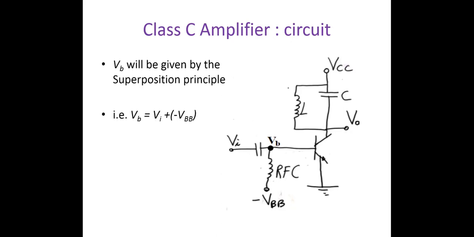The function of this element is to act as open circuit for the incoming input signal Vi, whereas as short circuit for the biasing voltage minus VBB. So the total voltage on the base would be equal to Vi minus VBB.